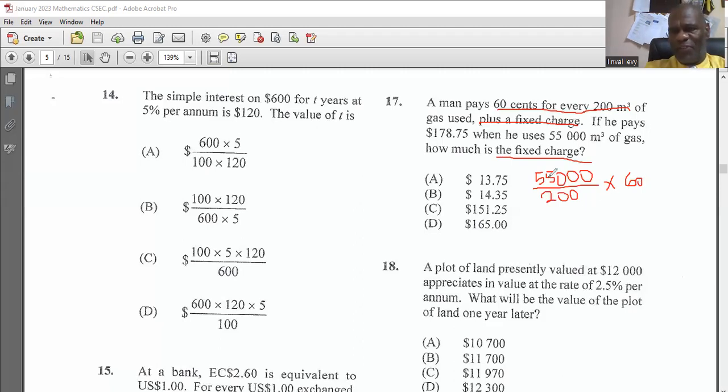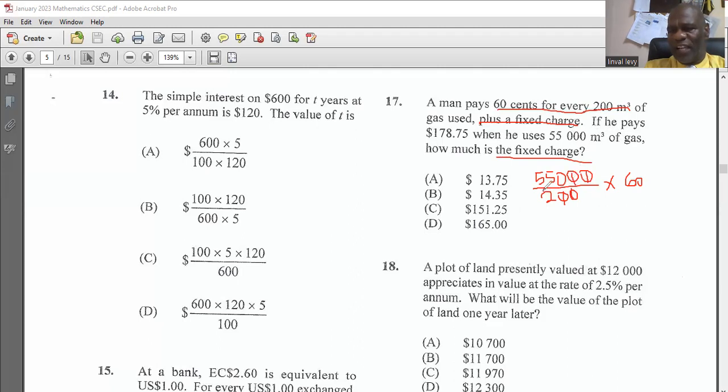So if I divide 55,000 by 200, that will give me the number of 200 meter cubes, the number of 60 cents I'm going to pay, and then I multiply that by 60. So we can do our canceling.